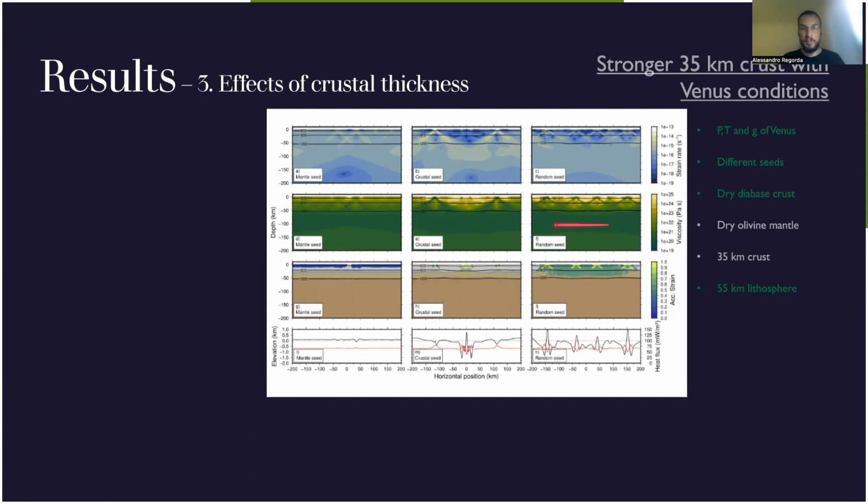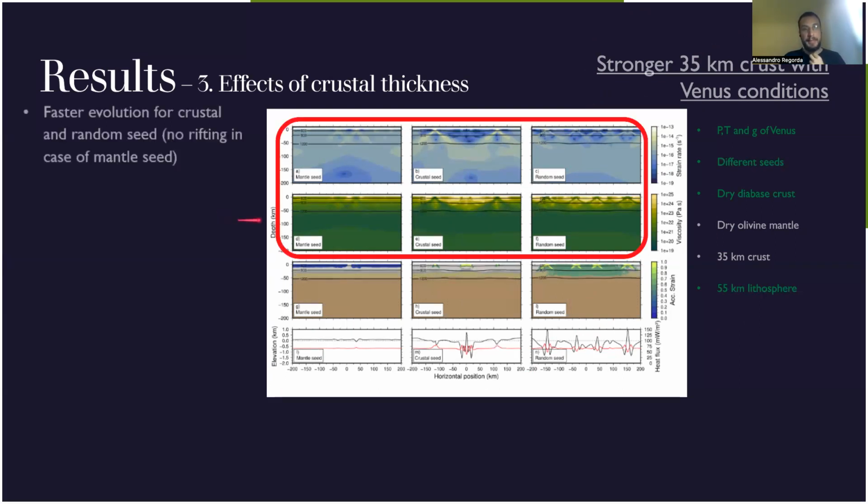These models here are with a crust of 35 kilometers, in the case of Venus conditions, thin lithosphere on Venus, and different seeds: mantle seed, crustal seed, and random seed. We can see that using different seeds, the evolution changes a bit.